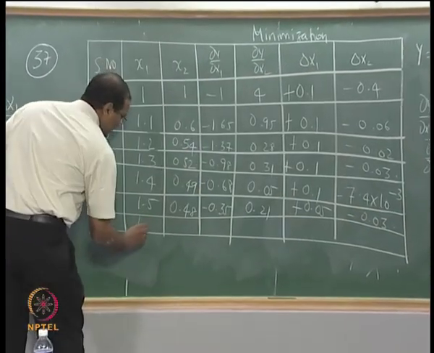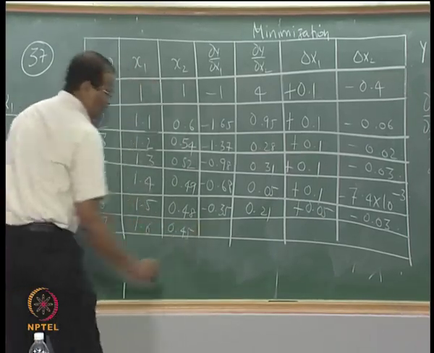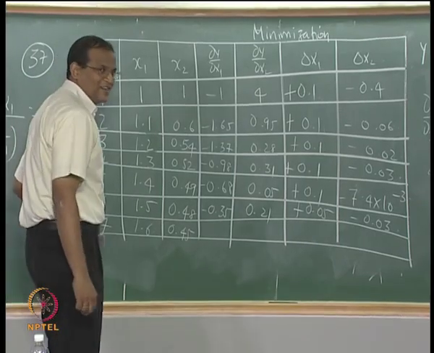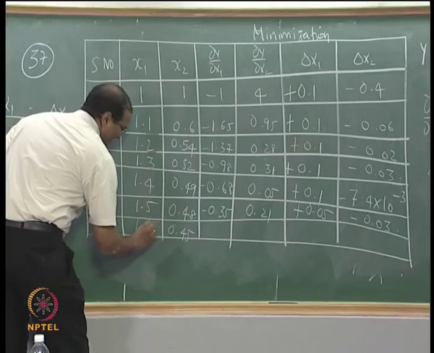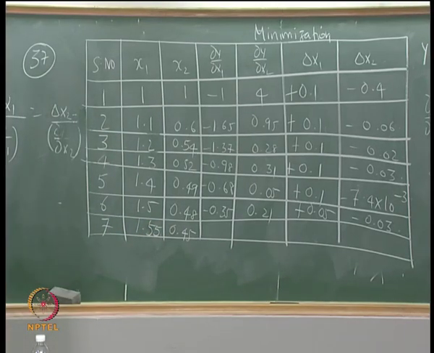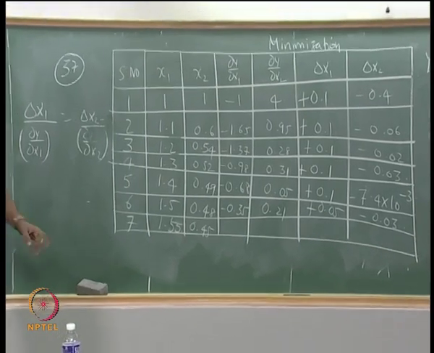So 1.6, 0.45. Not yet, huh? dy by dx1 must be close to 0 now, no?